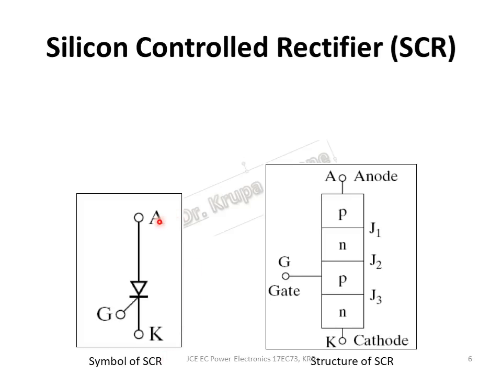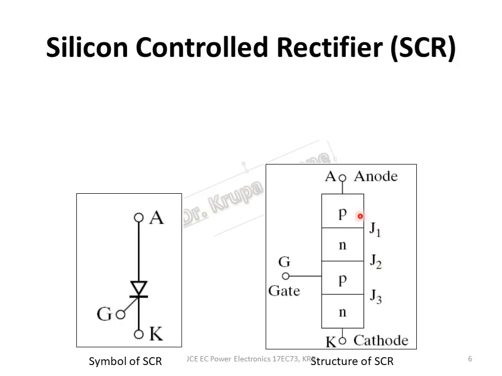What we see here is the symbol, made of anode and cathode, very similar to a diode, but it has a gate terminal which is put at the cathode side. If you look at the structure, it is made up of PN layers, four layers, and these are the three junctions. We name them J1, J2 and J3.